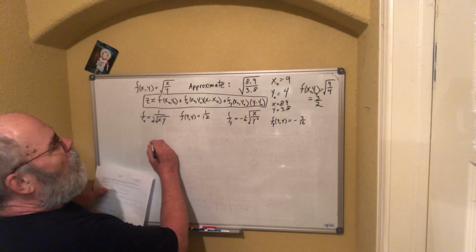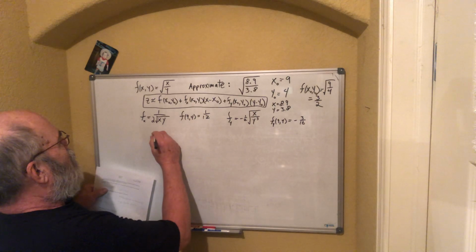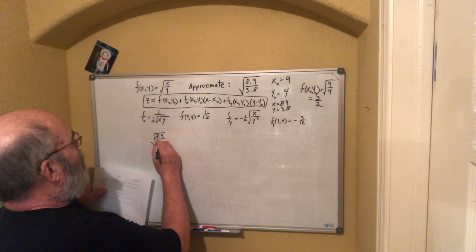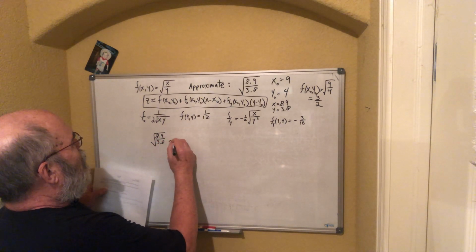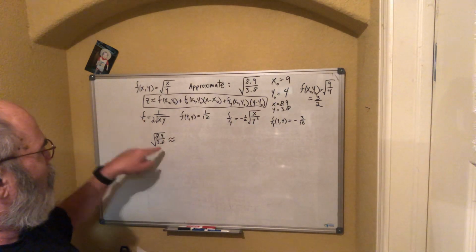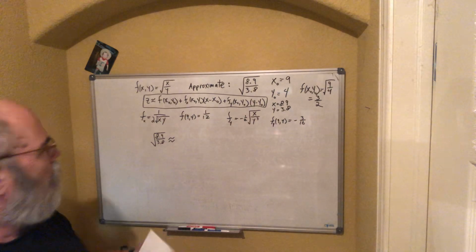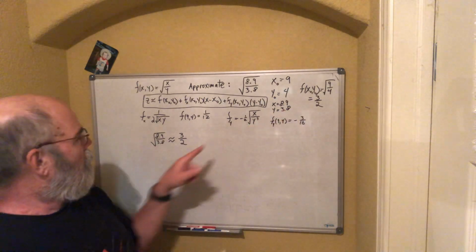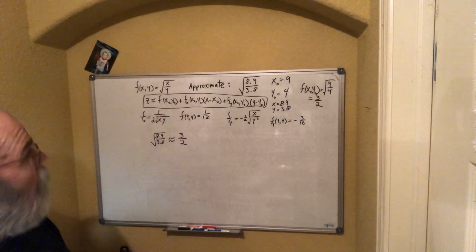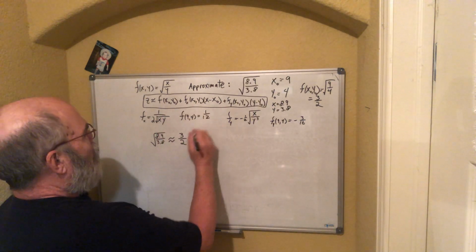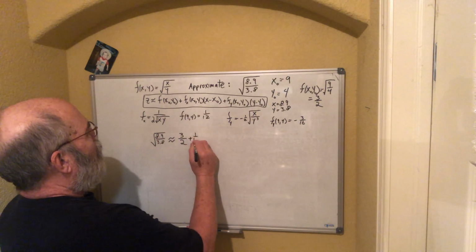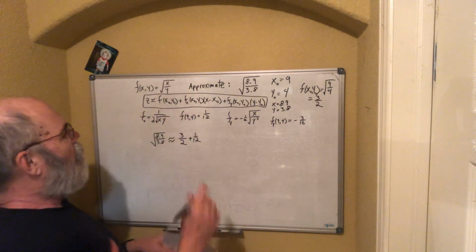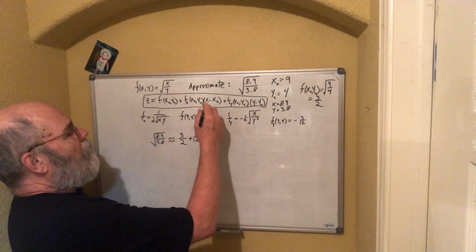The approximation says that the square root we're looking for, of 8.9 over 3.8, is approximately equal to the value of the function at that point, which is 3/2, and then plus 1/12 for that slope, and then this term gives us x minus x naught.